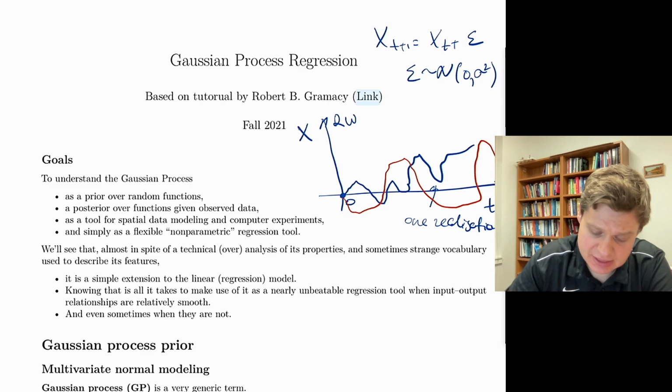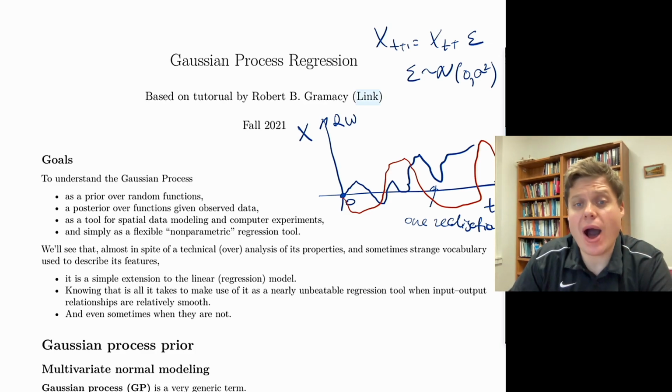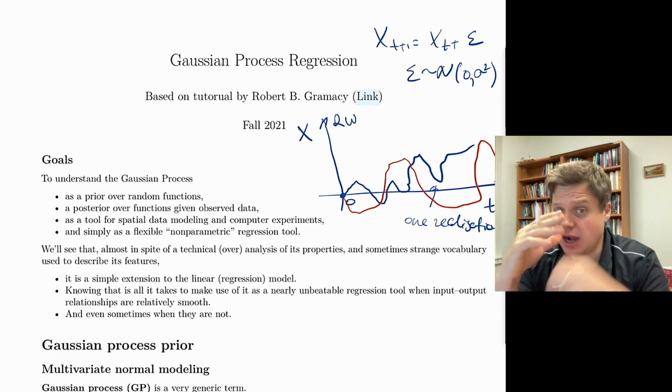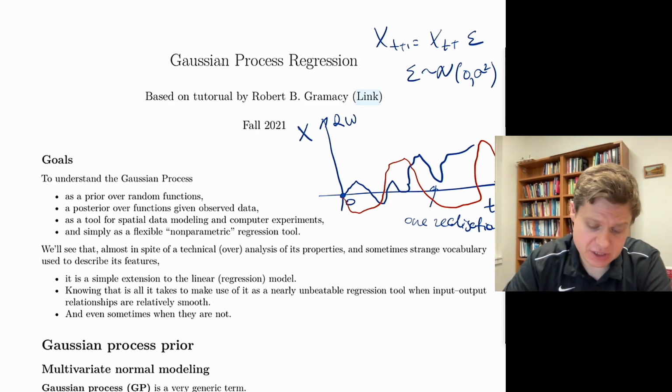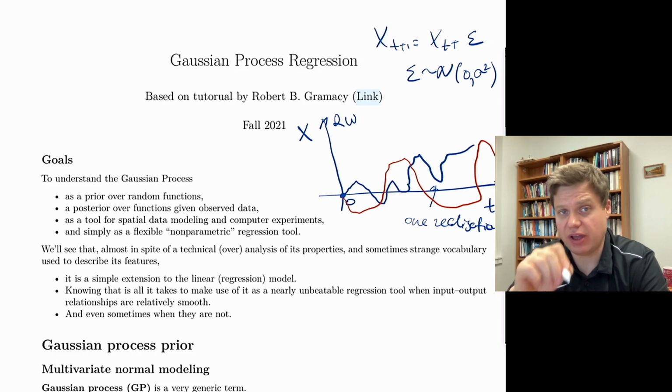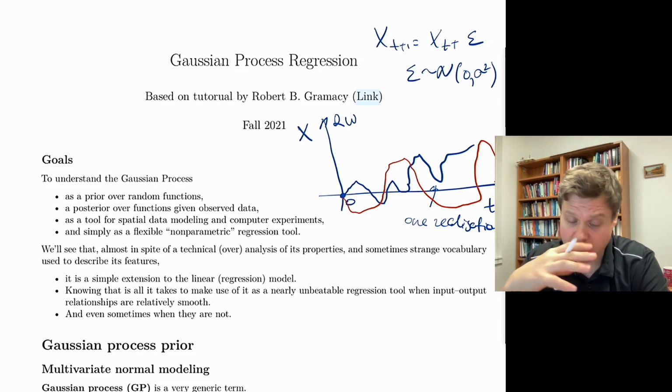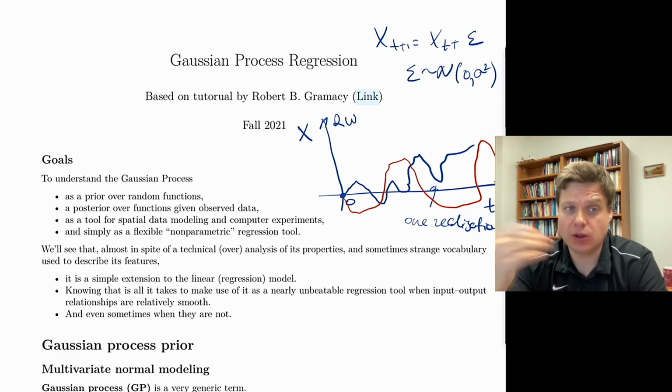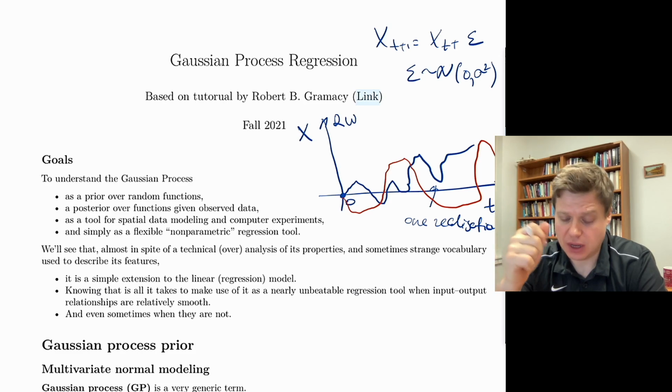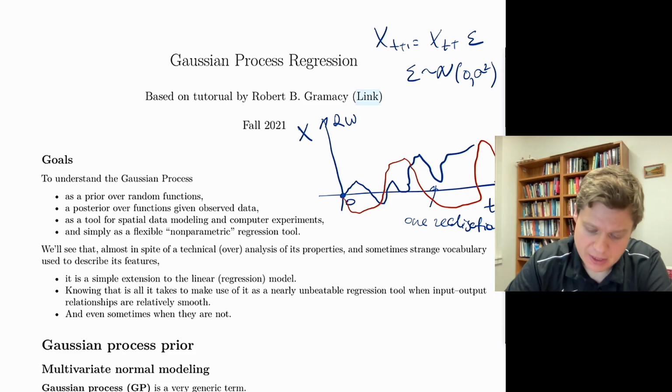Okay, there are a couple of things we can say about this random walk. One thing is that the further you are away from this point zero, the larger the variance is. The point zero is where you knew what the value of the random walk was, and the further you are away from this known location, the larger the variance becomes. So that's one observation: variance depends on the distance.